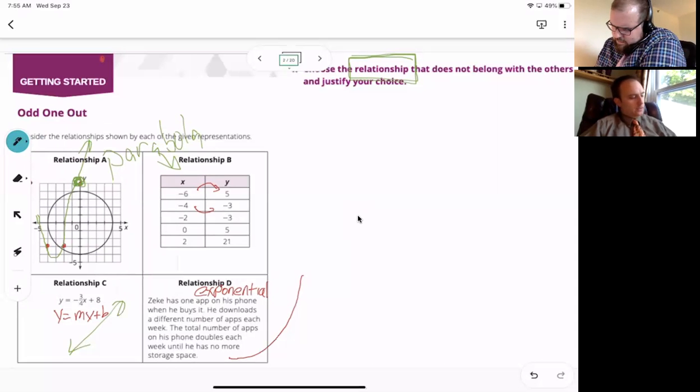And looking at my friend the circle, if I go over to -3, I have 2 possible outputs. The same thing at any point except for these endpoints. We're going to have 2 answers when we put in an input.